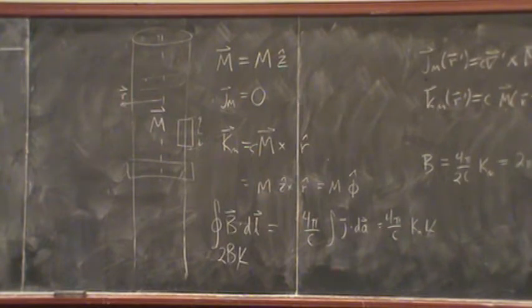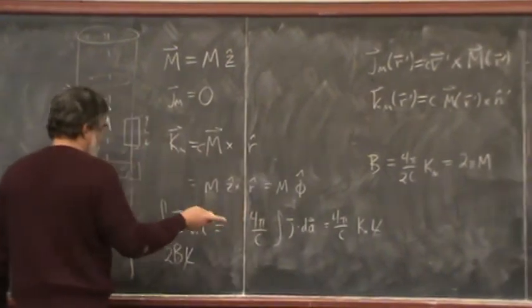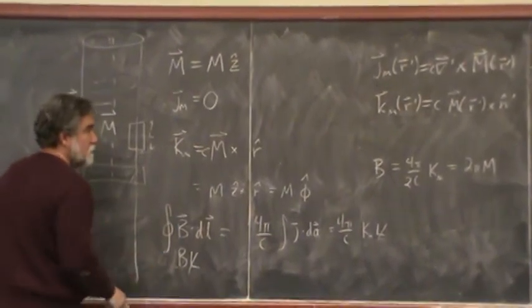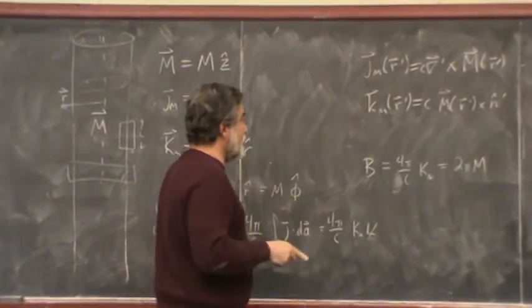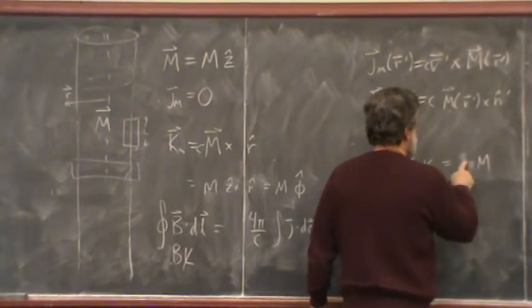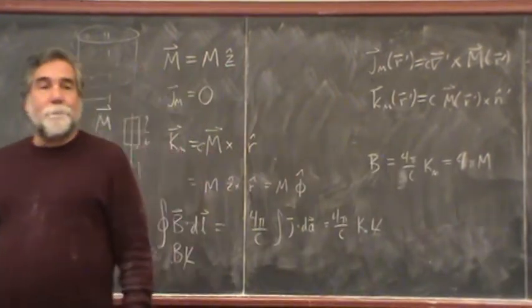Oh. And I think I screwed up. Actually, the magnetic field on the outside is 0. So there's just a 1 here. And then there's no 2 here. And that makes that 4 pi M out. And that's what I want. Magnetic field is 4 pi M out.